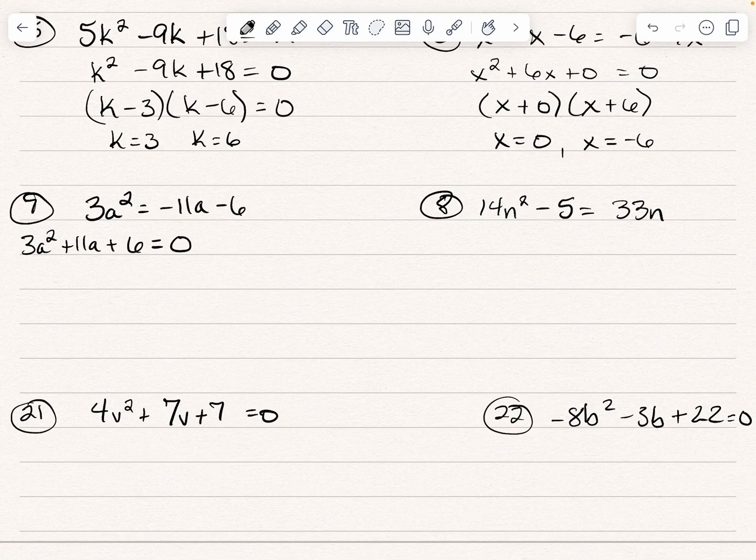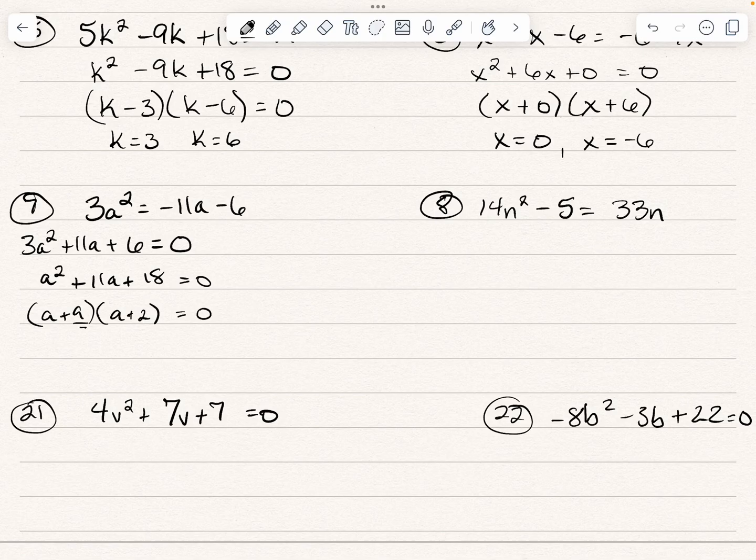So what I'm going to have to do here is I'm going to have to slide and divide. Okay, so when I slide and divide here, I'm going to get a squared plus 11a plus 18 equals 0. What multiplies to give me 18 that adds to give me 11? Well, that's 9, and that is 2.